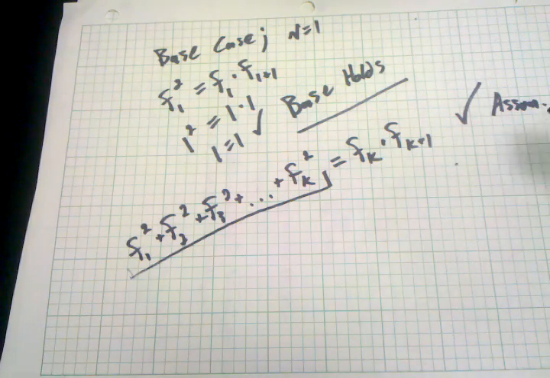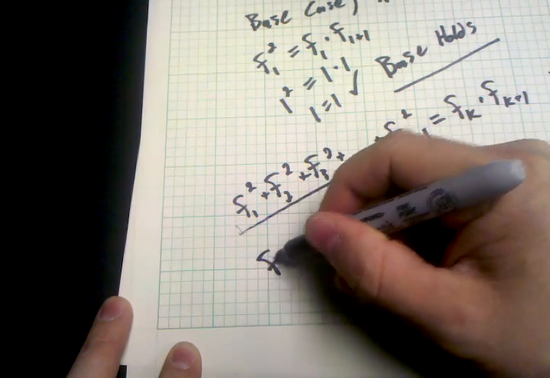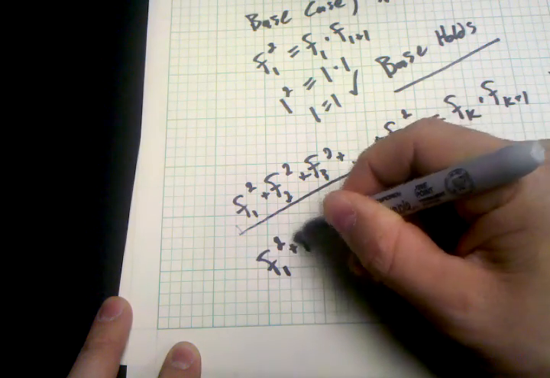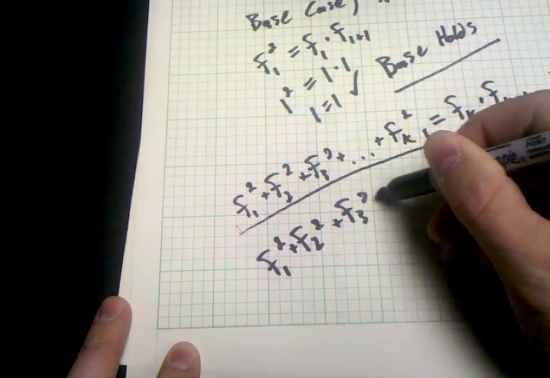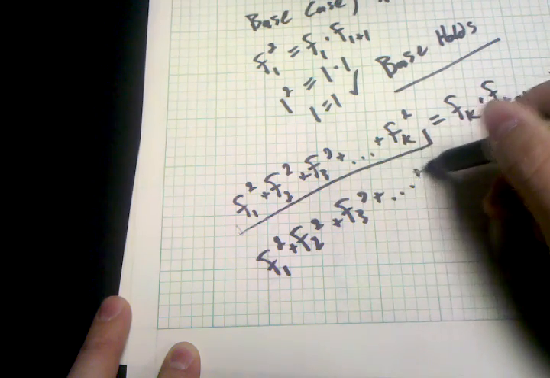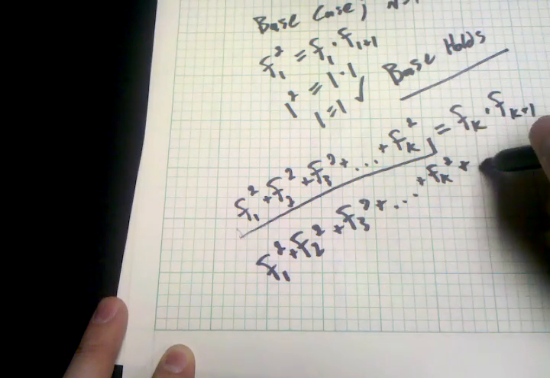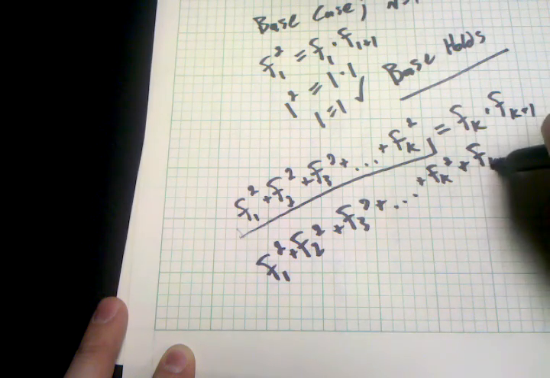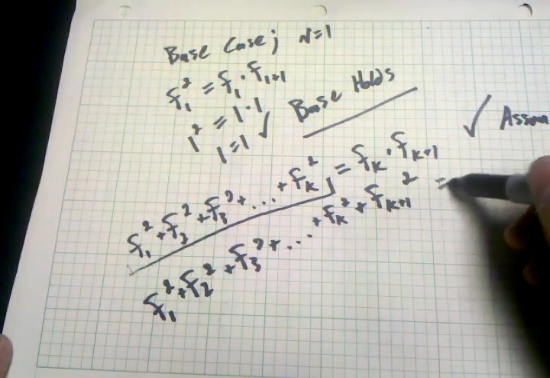So let's take a look at the next one, in order, after this case. In that situation, we would have f1 squared plus f2 squared plus f3 squared plus dot dot dot plus f sub k squared plus f sub k plus 1 squared. And what is that equal to?